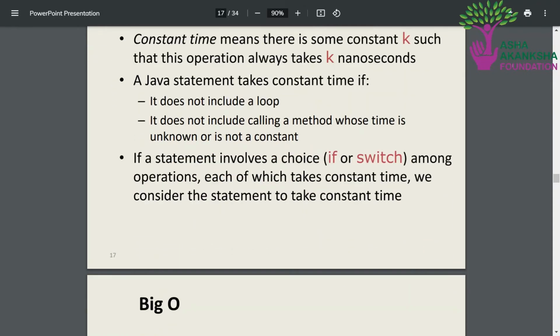For example, if an algorithm does not include a loop, or does not call a function which has linear or higher time complexity, you can say that the algorithm is constant time complexity. Or if a statement involves a choice like if or switch among operations, each of which takes constant time, we will consider that statement to take constant time.